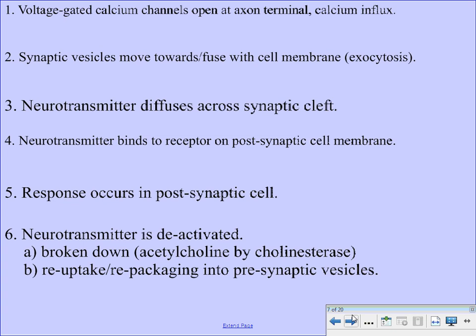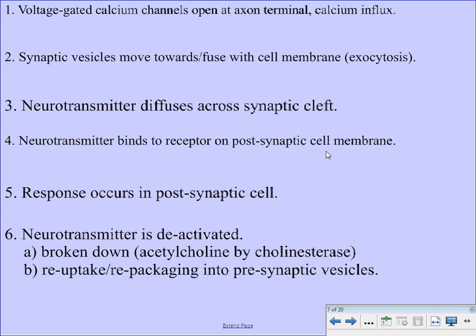So the steps that are involved: we have voltage-gated calcium channels again, which initiate the movement of the synaptic vesicles toward the cell membrane, fusing with the cell membrane through exocytosis and releasing the contents, the neurotransmitter, into the synaptic cleft. From there, it's a very, very small space, so the neurotransmitter can diffuse across the synaptic cleft. It'll bind to a receptor on the postsynaptic cell membrane, and then we'll get a response.